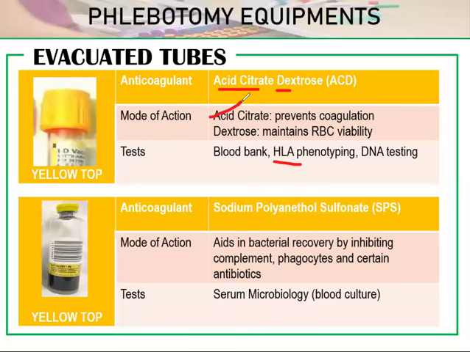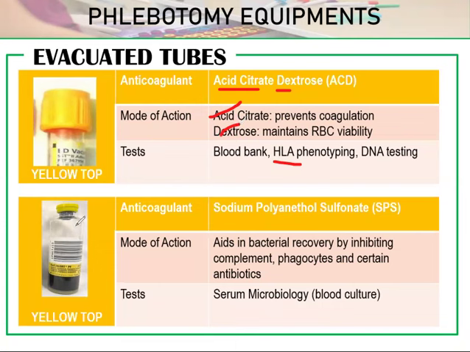Therefore, once acid citrate binds calcium, there is none left to be used for the clotting process, so the blood will not undergo coagulation. The next one is our dextrose. It will maintain RBC viability by providing nutrients to our RBCs.